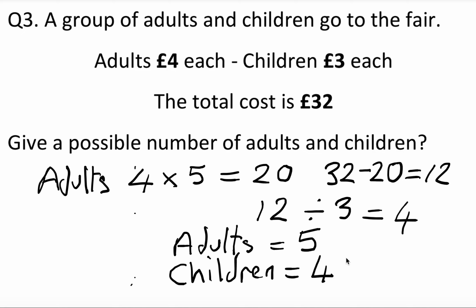So that's one possible answer, but we could have other combinations, so give it a try. See how many combinations you can get. You've got £32. See what the minimum number of adults is. See how many children 1 or 2 adults can take. It's worth a try. See what you come up with.